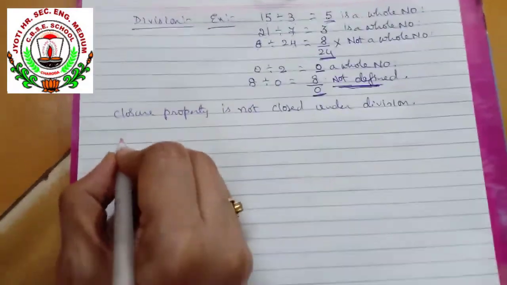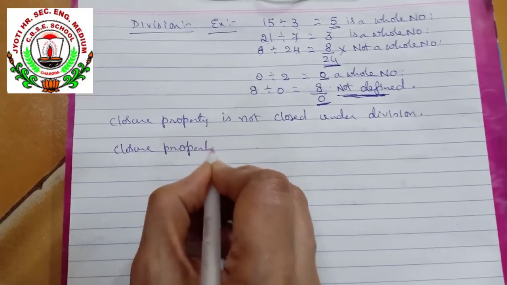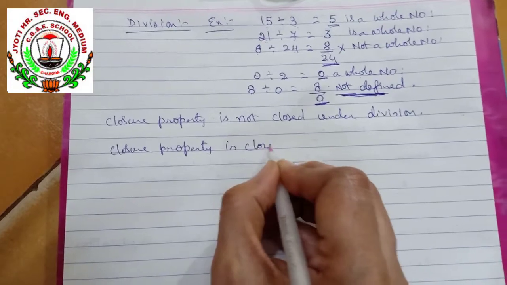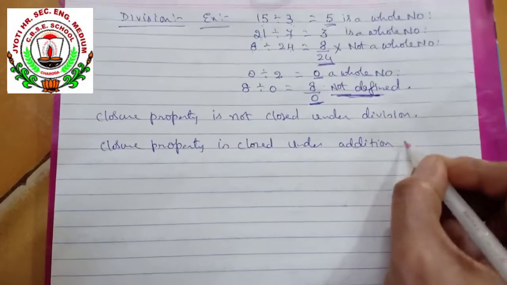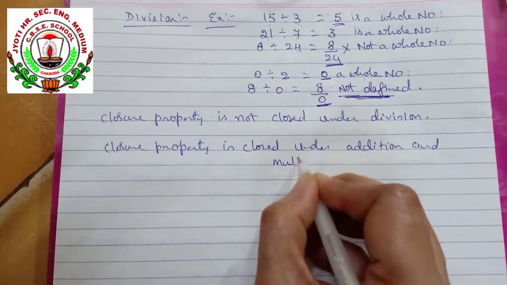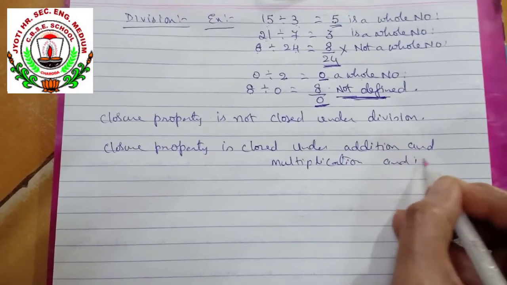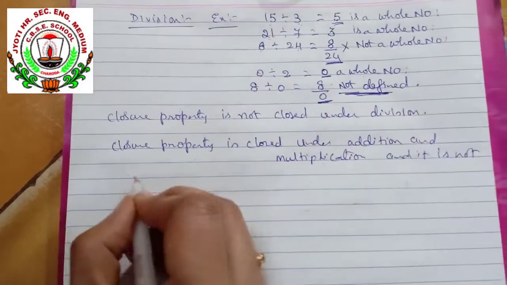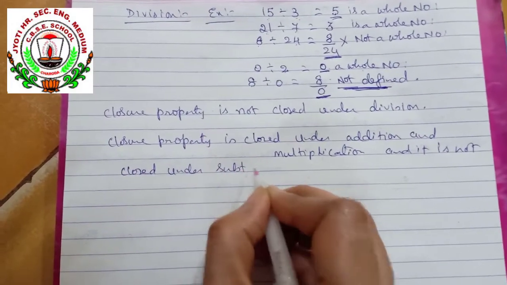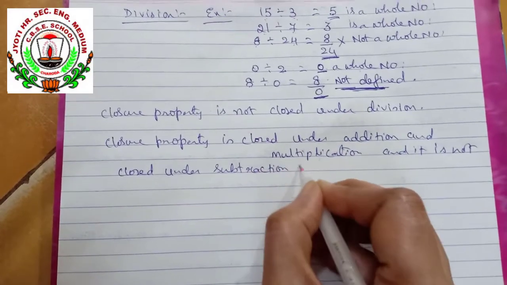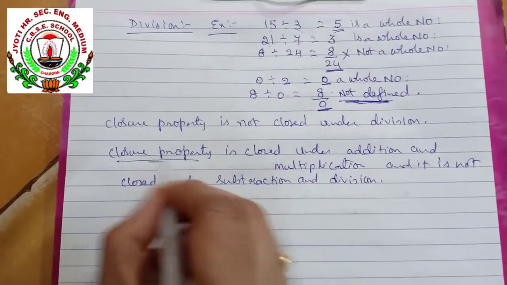We have come to the conclusion that the closure property is closed under addition and multiplication, and it is not closed under subtraction and division. This is your closure property.